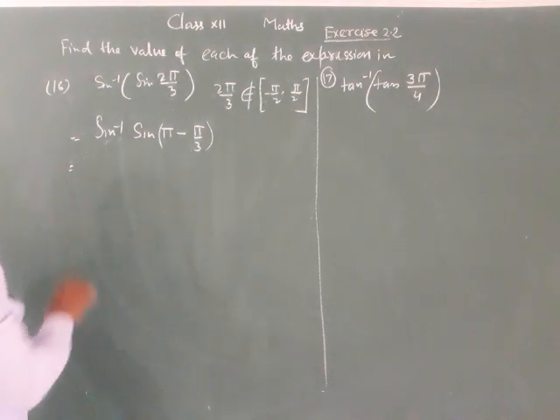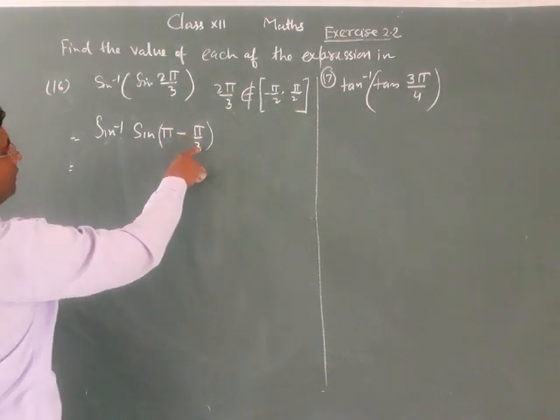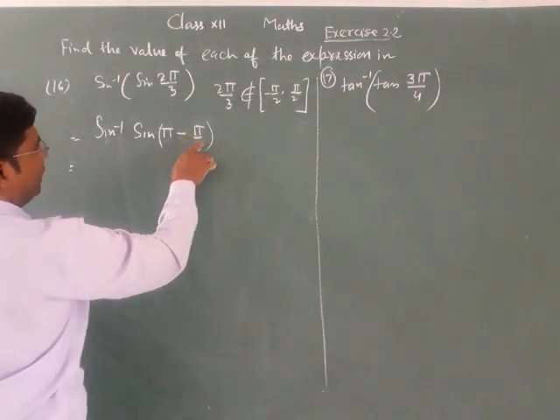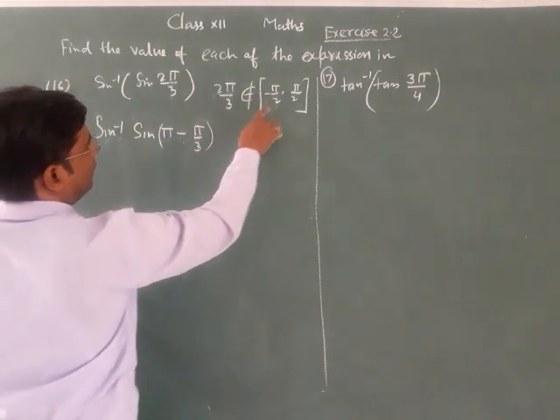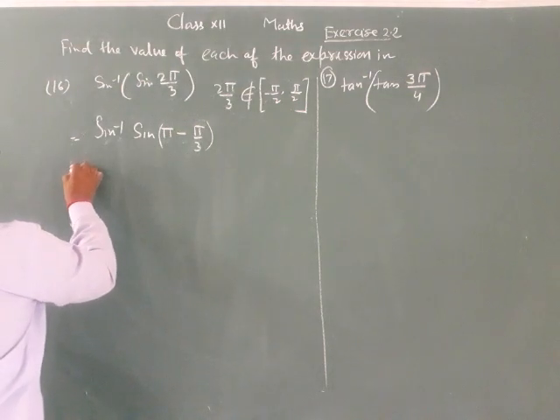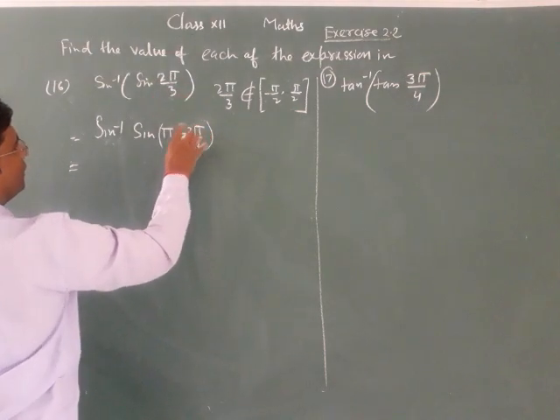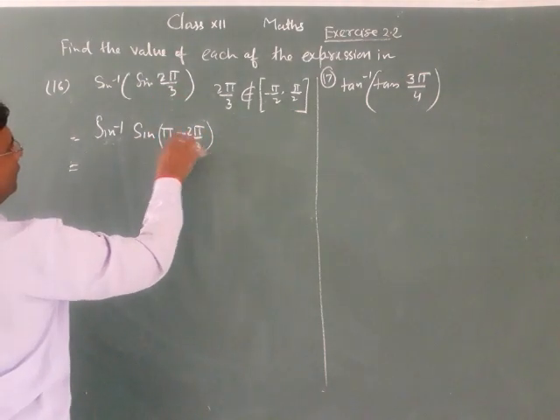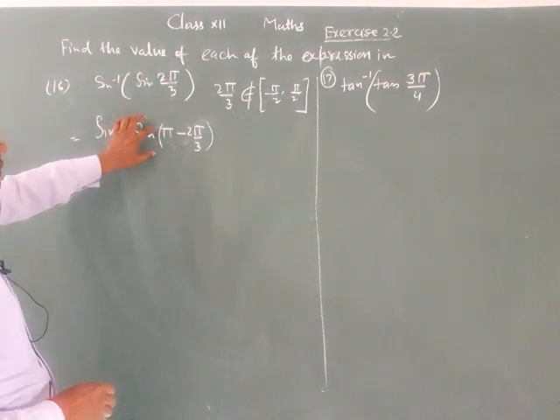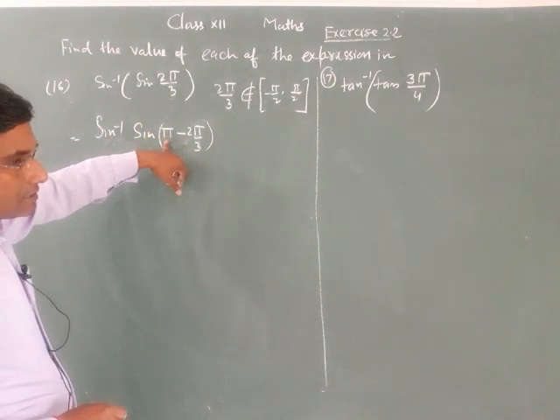So sin pi minus pi by 3. So this value pi by 3 lies between in them. So sin pi minus 2 pi by 3, 2 pi by 3 is the value in this. No, there is no change in the second quadrant.